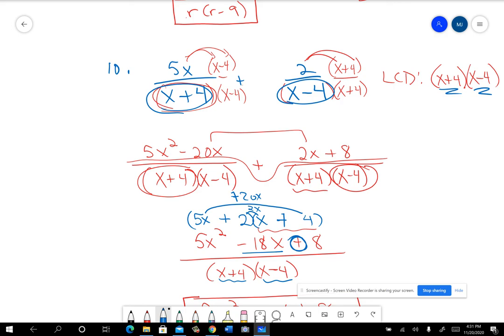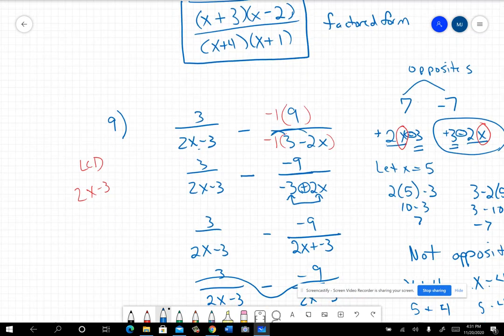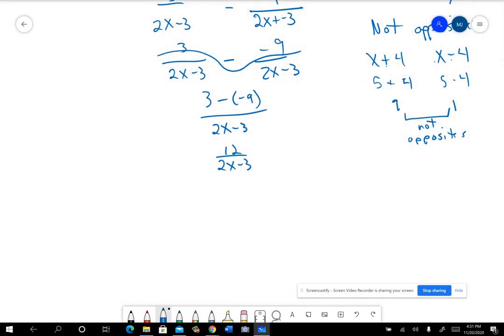They weren't opposites, okay? One more comment on opposites. If one was x minus 4 and the other was 4 minus x, those are opposites. They would be opposite in value no matter what you plugged in for x. If you put a 10 in here, you'd get 6. Put a 10 in there, you'd get negative 6. And that would be true no matter what you plugged in, okay?